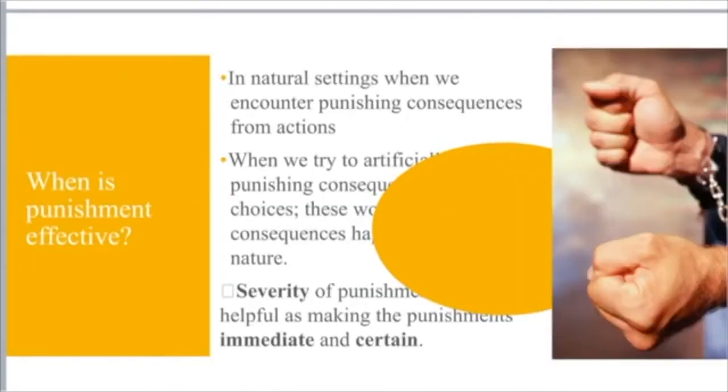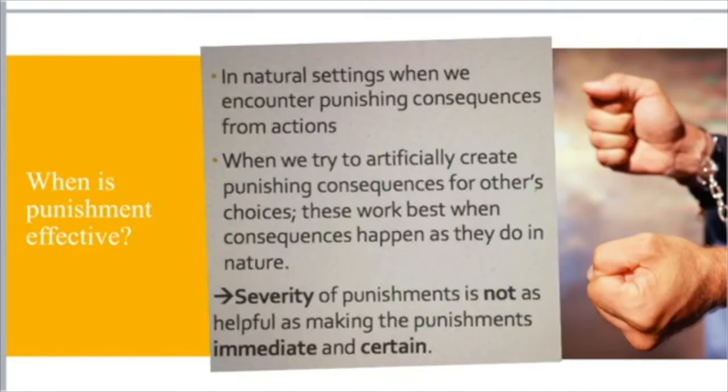So the question then is, when is punishment effective? Punishment is really only effective when it approximates the way we naturally encounter immediate consequences. To give further insight into that, in natural settings, we encounter punishing consequences from actions, for example reaching into a fire.